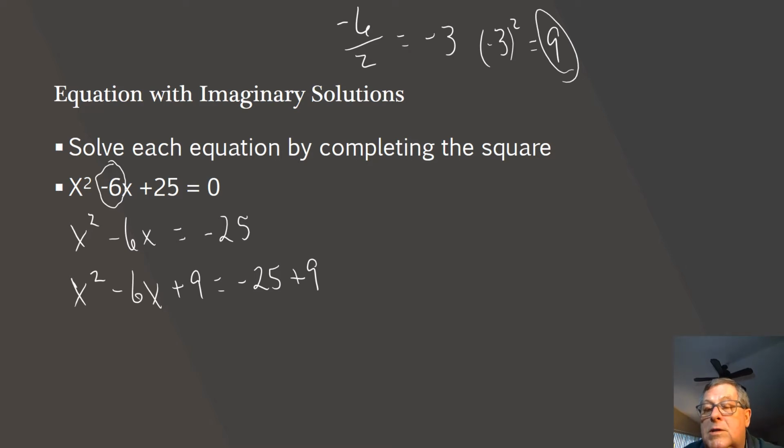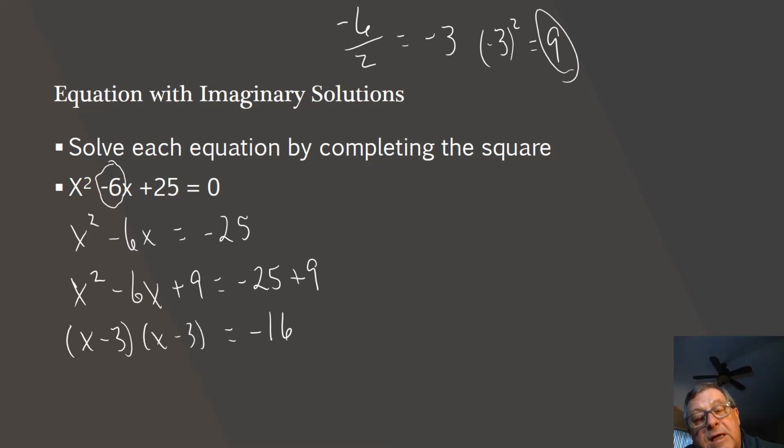Again, what I do to one side of the equation, I must do to the other. Our factor is -3, so we got x minus 3 times x minus 3, and that now equals -16. And of course, we can write this as x minus 3 squared equals -16.